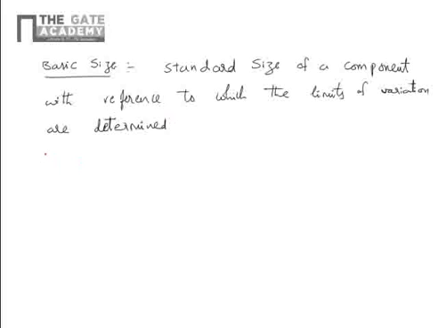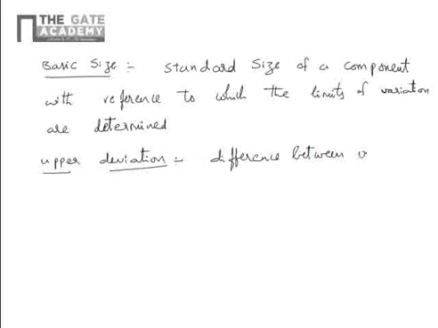As we discussed in deviation, there is upper deviation and lower deviation. What is upper deviation? Upper deviation is the difference between the upper limit and basic size.